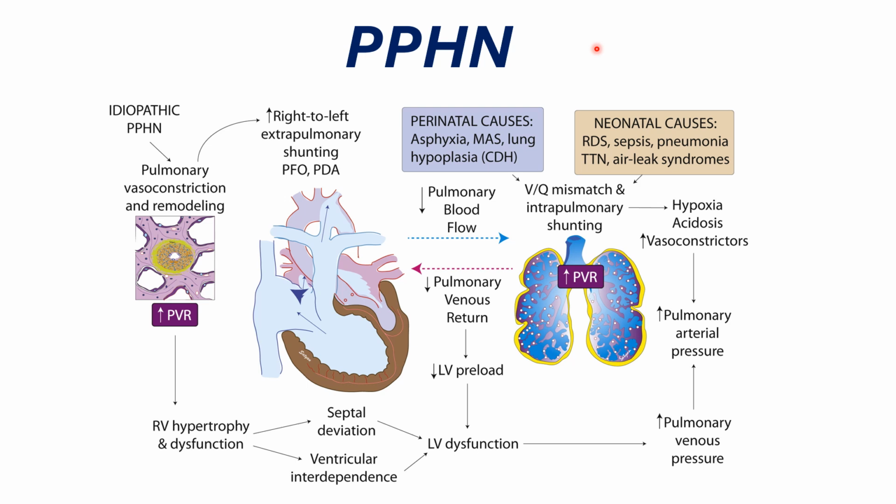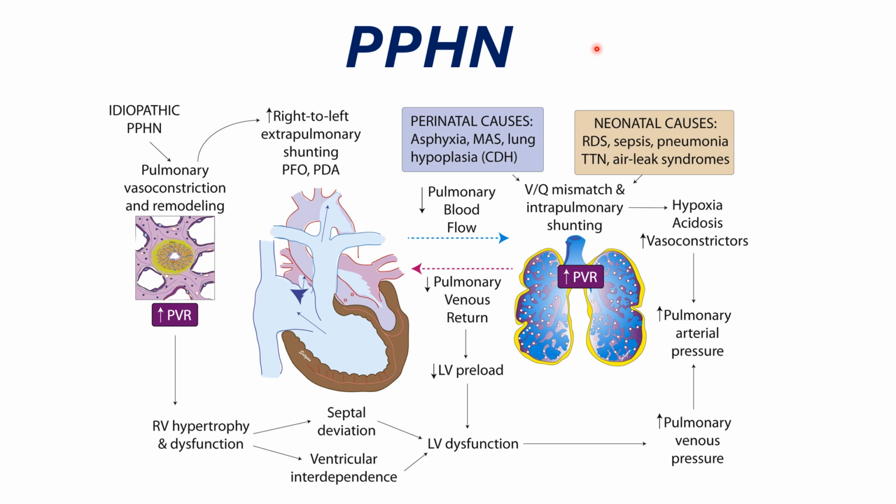The treatment for PPHN consists of, basically, oxygen, which, remember, oxygen is a drug, okay? And this causes pulmonary vasodilation. We usually aim for a PaO2 between 60 to 100 millimeters of mercury. Then there is inhaled nitric oxide, iNO, which is first line, and it is a selective pulmonary vasodilator.